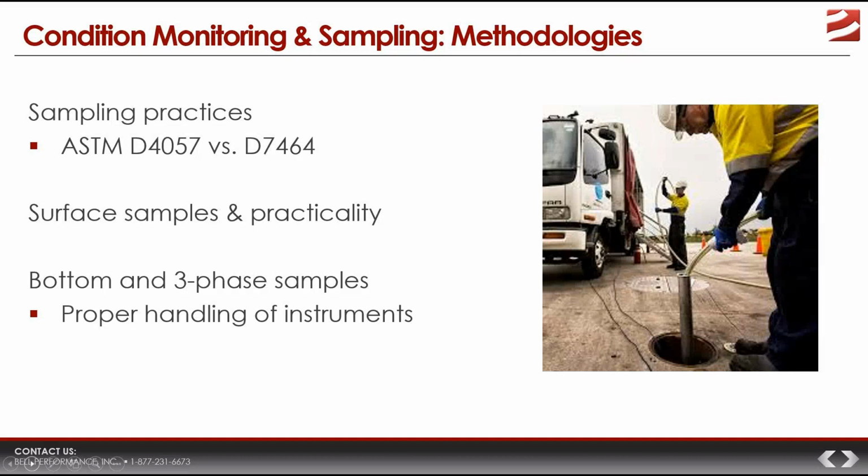Other points that are pointed out in these ASTM guidelines: you want to make sure you sterilize your sampling tools and equipment. Basically, any surface that you anticipate your fuel sample is going to come into contact with before it ends up in the sample container.